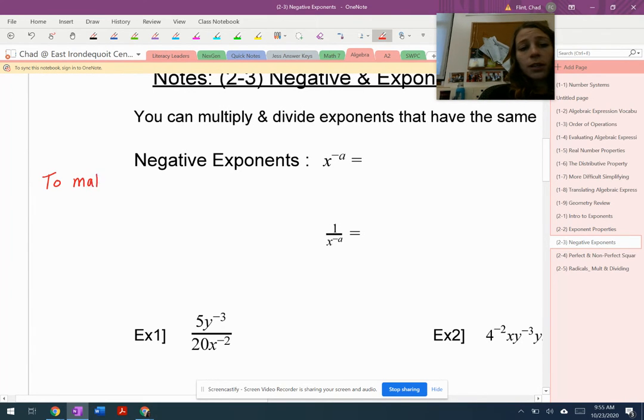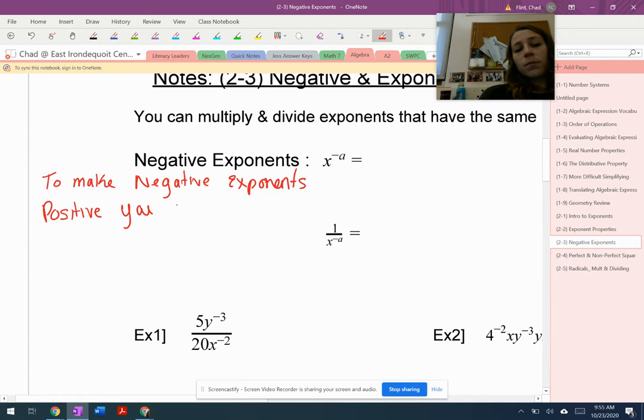To make negative exponents positive, you move it accordingly.